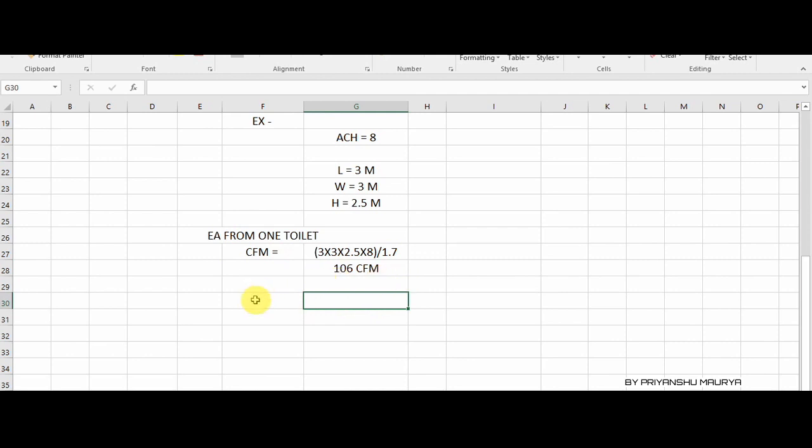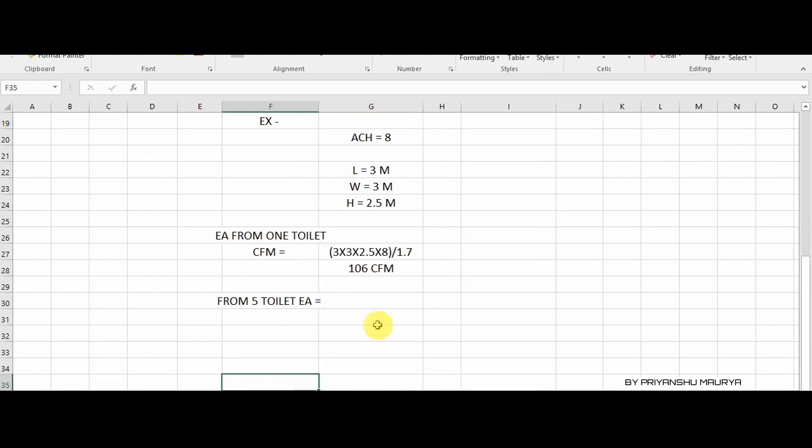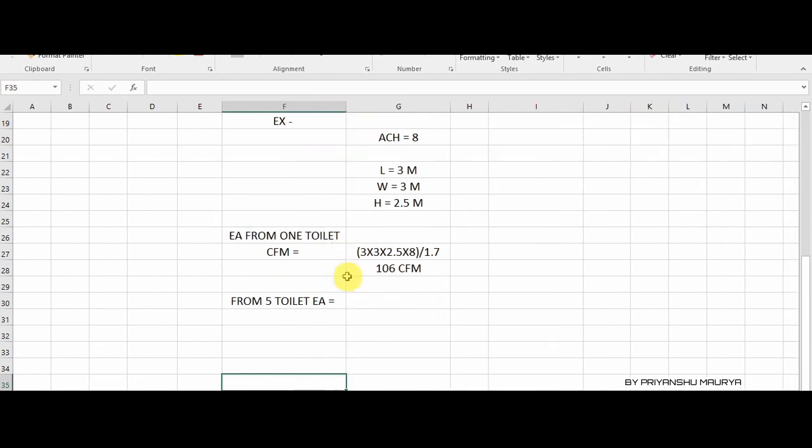So now from 5 toilets, exhaust air is equal to, exhaust air means waste air, so it will be 5 into 106.